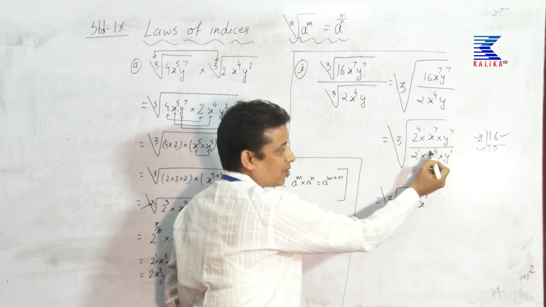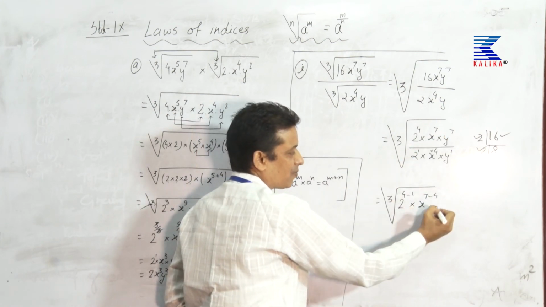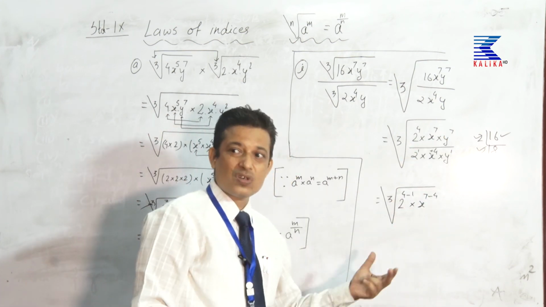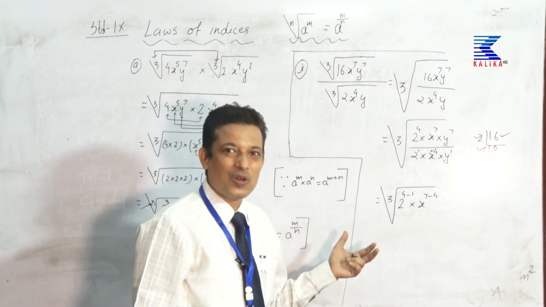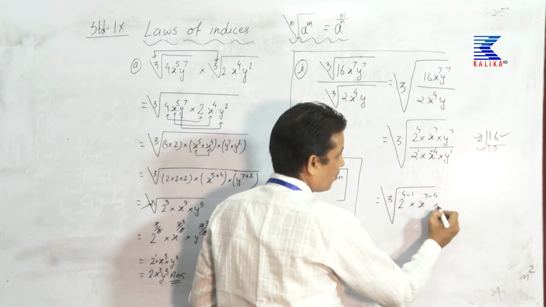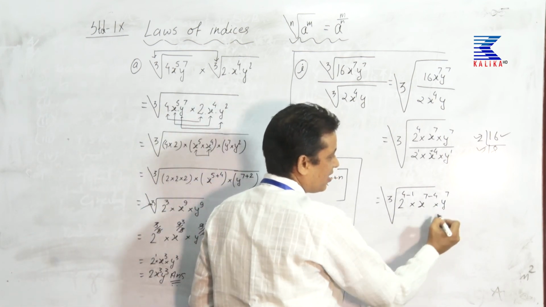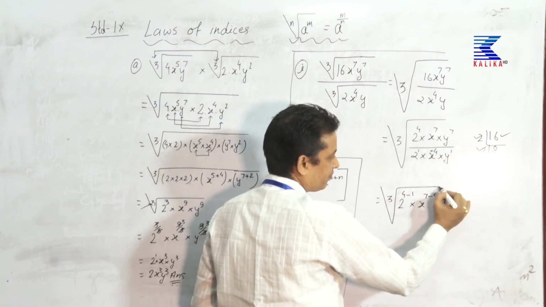This plus 4 goes up and it becomes minus 4. I have said here it goes up and it becomes negative, but this is the rule. We have already discussed the laws of indices. Into y to the power 7 is there, 1 goes up and it becomes minus 1.